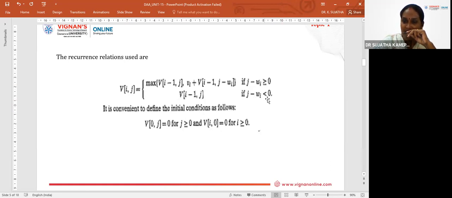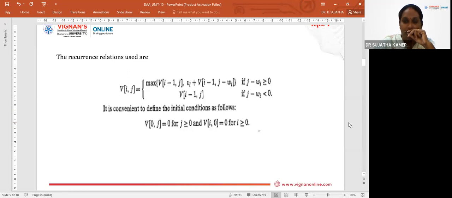Otherwise, if j minus wi is less than 0, the entry becomes V of i minus 1 comma j. We also need to use some initial conditions: V of 0 comma j is equal to 0 for j greater than or equal to 0, and V of i comma 0 is equal to 0 for i greater than or equal to 0. These are the initial conditions we need to take.